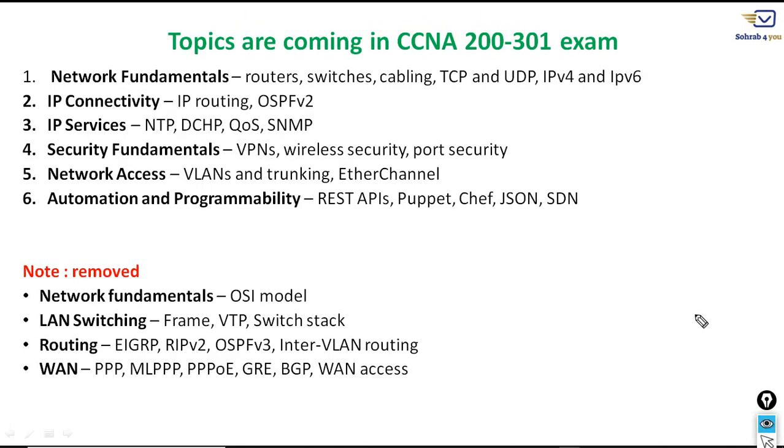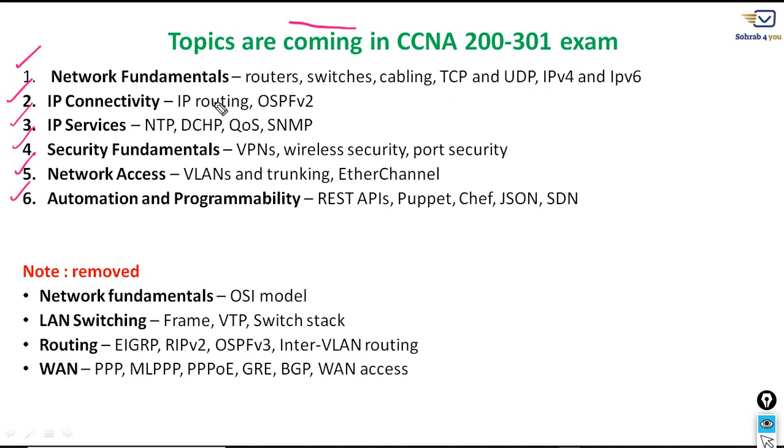Then, what topics are coming in your CCNA exam? As I have told you, there are 6 sections: network fundamentals, IP connectivity, IP services, security fundamentals, network access, and automation and programmability. In network fundamentals, you study routers, switches, cabling, TCP, UDP, IPv4, IPv6.